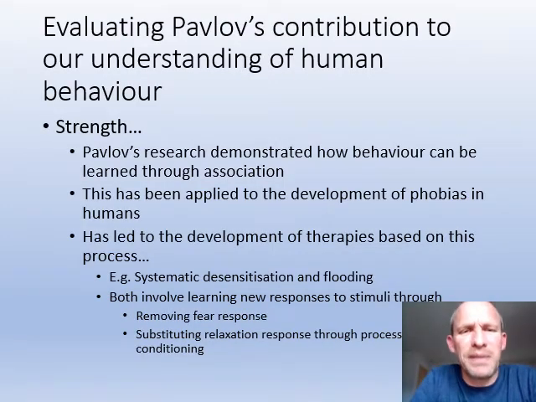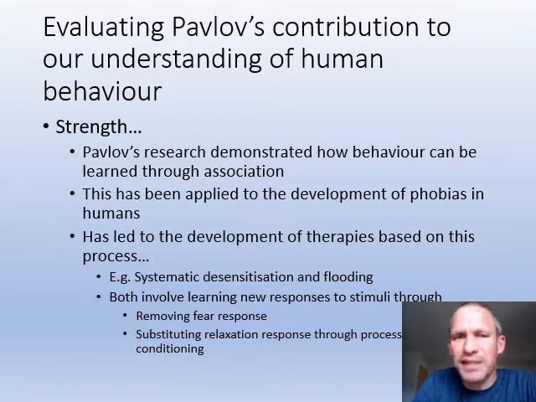Now, as I've said in one of my other videos, some of the questions on approaches may be a bit more broad than you might expect. Evaluate Pavlov's contribution to our understanding of behaviour. And yes, he did demonstrate how we can learn through association. We've got lots of research that he did to demonstrate this, and as we've talked about, this can be used for therapy. So it's got a practical application in the form of therapies for phobias.